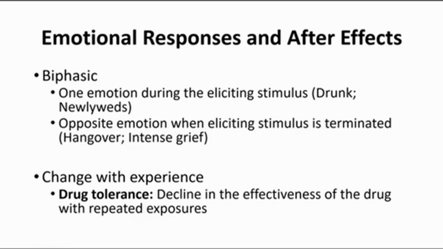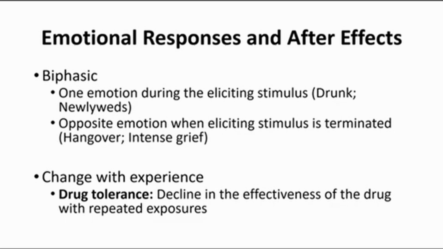Up until this point, the changes in behavior we've talked about have been fairly simple things, like a startle response. But stimuli can also evoke complex emotions, things like love, fear, or satisfaction. When we look at these more complex and especially emotional reactions, we can see a couple of qualities.